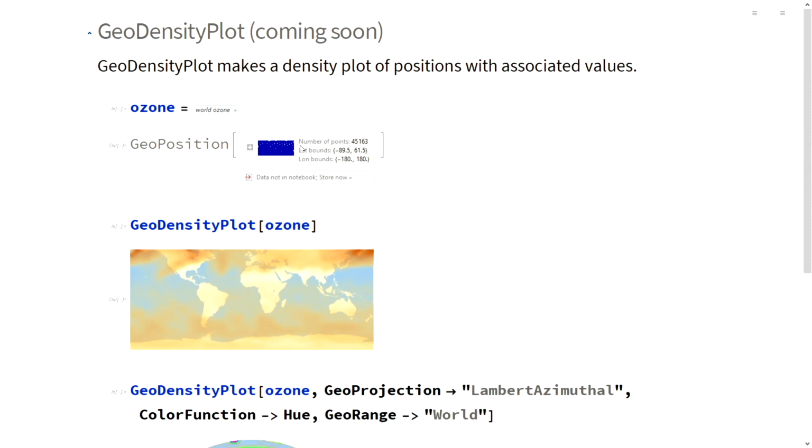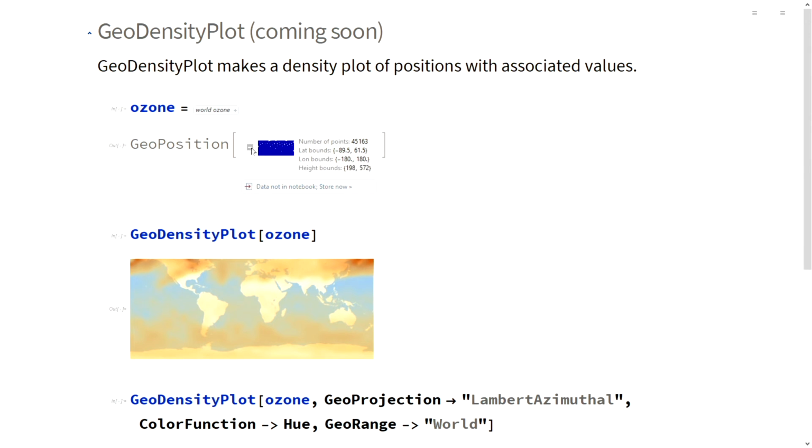In this case, I'm showing an example showing the ozone in the world. As you can see, well, this one is correct, right? Wait, because here we have heights associated to the coordinates of the opposition.